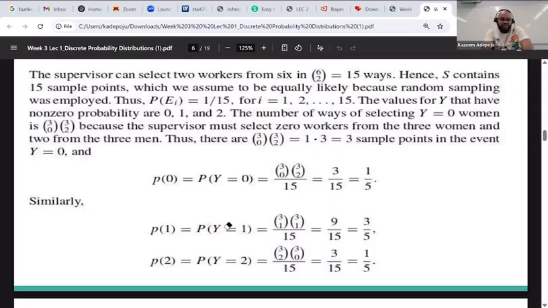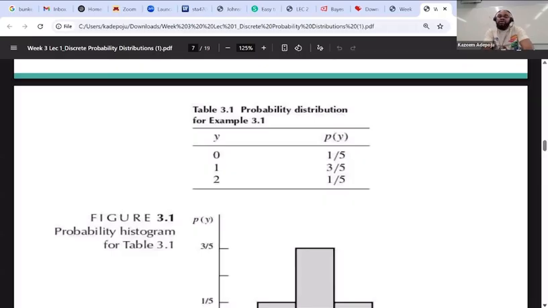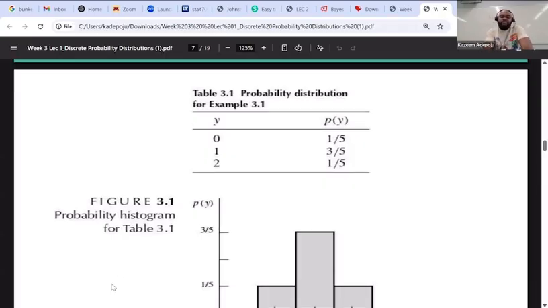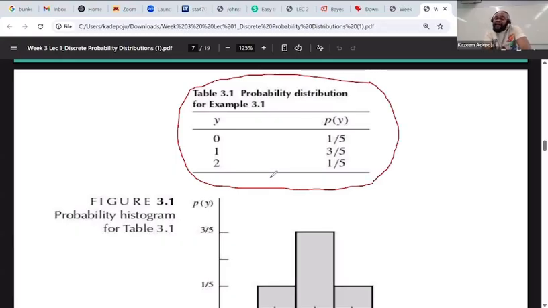Now, when we're done like that, we need to present our result in terms of a table. This is a probability distribution now. Which means, don't forget, there is a lowercase y inside there, but what I mean is that the uppercase Y, the random variable, can take the value of 0, 1, and 2.